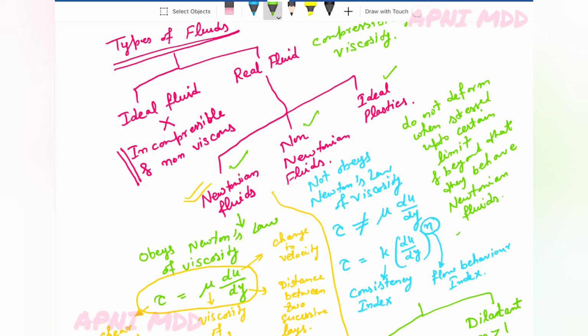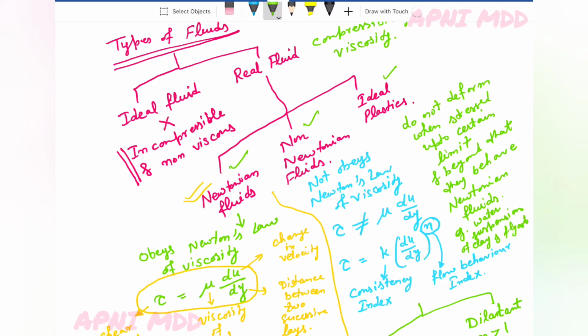The examples for such fluids we have sewerage sludge, one example. Another one is water suspension of clay and fly ash.